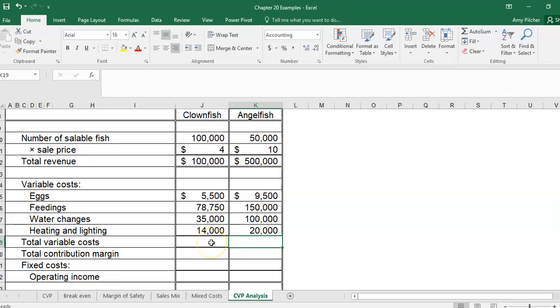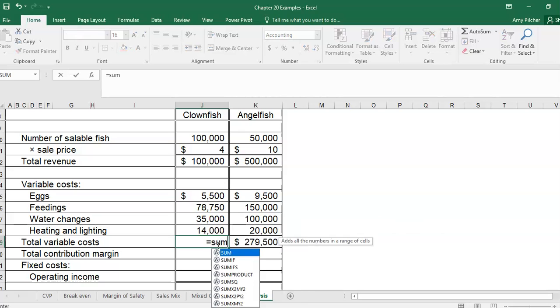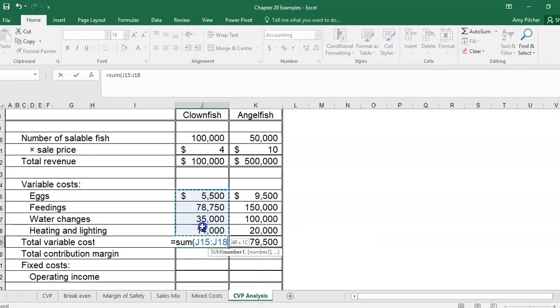So our total variable costs for angelfish, we add those up, and our total variable costs for clownfish.